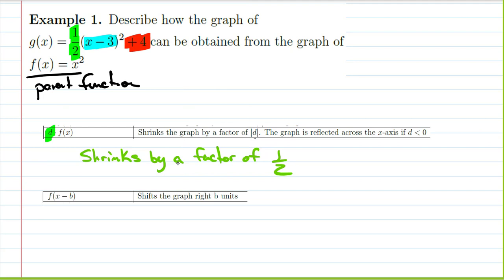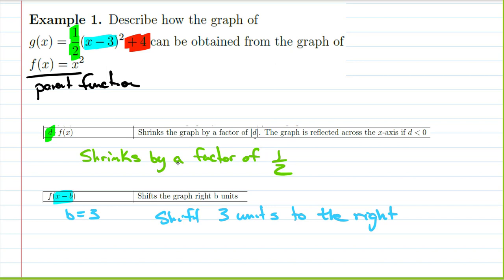So then that gives us our x minus 3. So that makes our b is 3. So the graph is going to shift 3 units to the right.